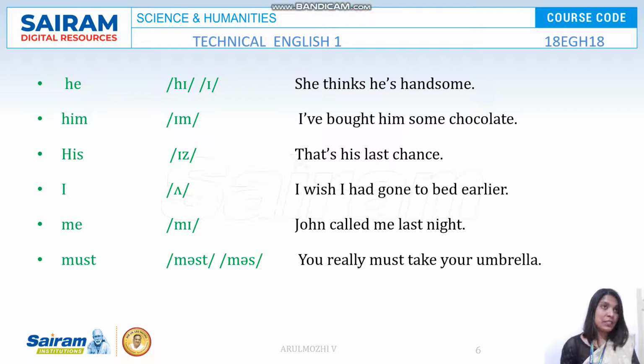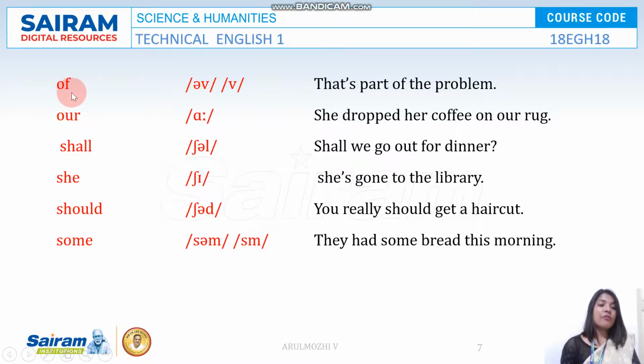You don't say you must come, you must come. Next one. Of becomes weak of. That's part of the problem. Next one. Or becomes weak or. Our becomes are. It's our problem. She dropped her coffee in our mug.